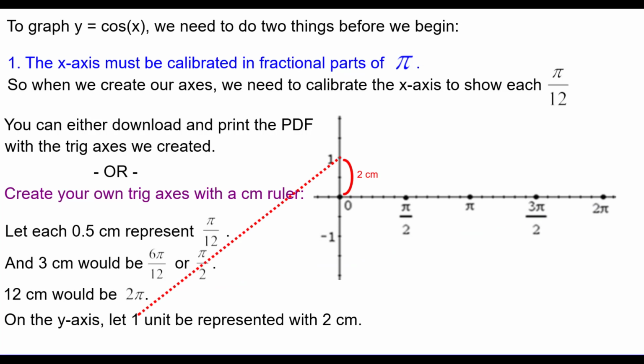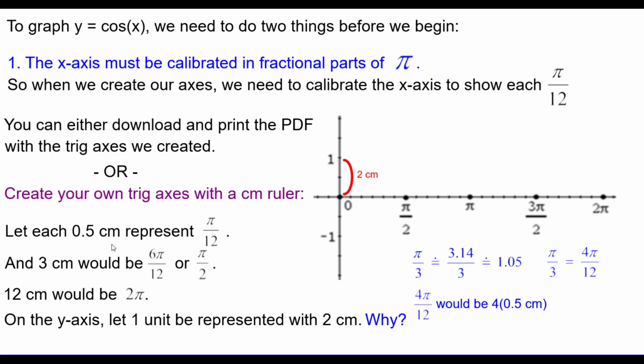On the y-axis, we're going to let one unit be represented with 2 centimeters. Now the reason for that is that pi over 3 is approximately a 1, and pi over 3 is about 4 pi over 12. So 4 times that half centimeter would be about 2 centimeters. So when we did that, the axes would be square, proportional.